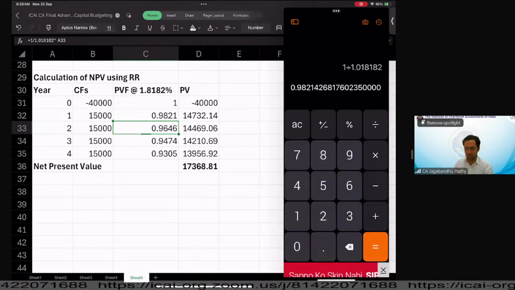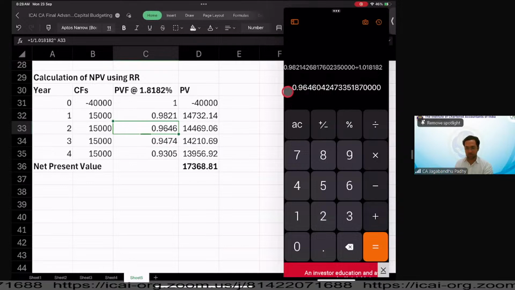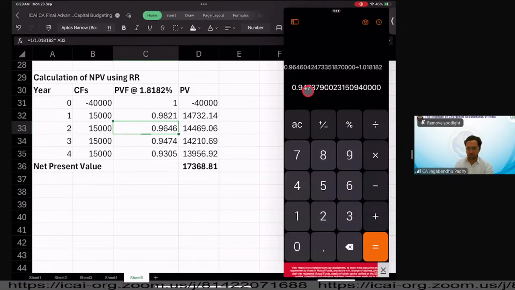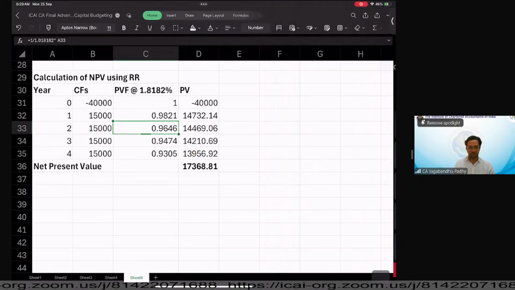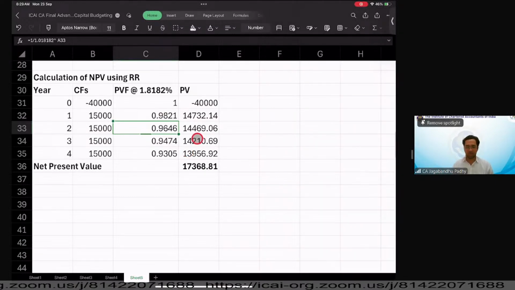When you do it equal to, you get this 0.9821. Again, when you press equal to, you'll get 0.9646. Again, equal to, that will be 0.9474. And again, equal to, will give you 0.93046.